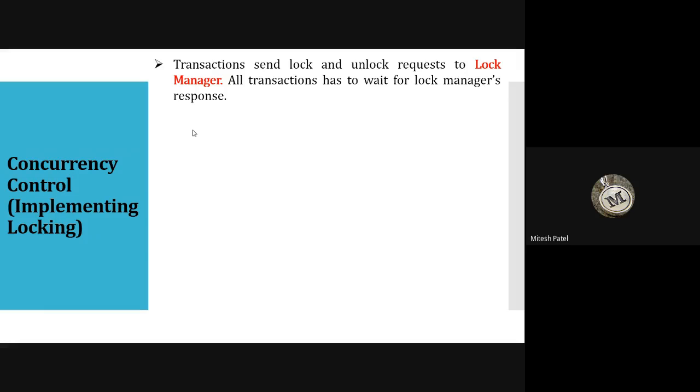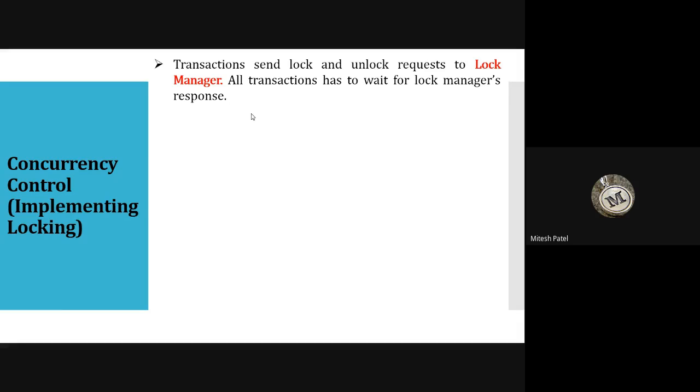Everything, it means कौन सी डेटा आइटम पे किस ट्रांजेक्शन ने लॉक लगाया है, कौन सा लॉक एक्सक्लूसिव है, शेयर्ड लॉक है, Ti ने लगाया, Tj ने लगाया, T3 ने लगाया, whatever. और वेटिंग लिस्ट will be there with the lock manager. जब तक लॉक मैनेजर रिस्पॉन्ड नहीं करेगा, now you can access that data item, at that time that transaction should wait for that data item.